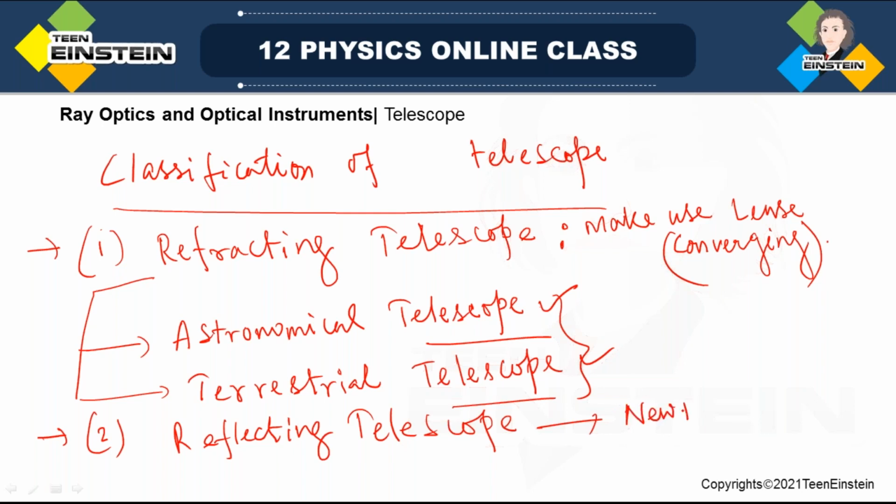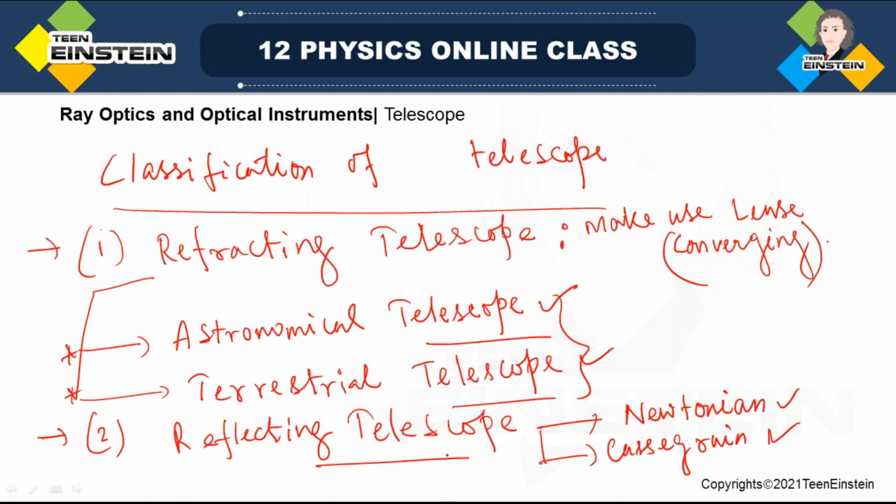There are two reflecting telescopes: Newtonian, which Sir Isaac Newton constructed, and the Cassegrain telescope. So there are two reflecting types of telescopes, Newtonian and Cassegrain.